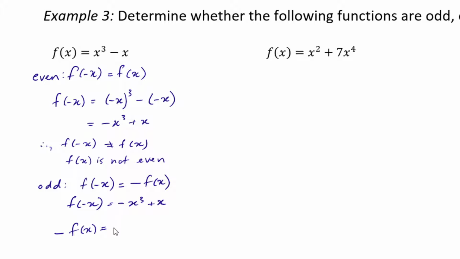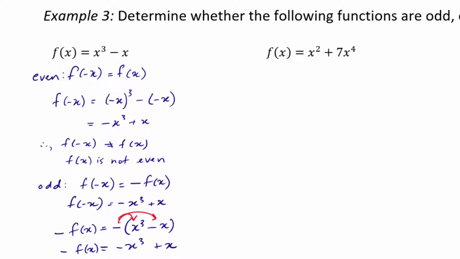Well, negative f at x is negative x cubed minus x, right? So the negative f at x right there. Okay. Let's distribute this negative sign right here into the bracket. And what I should end up with there is negative x cubed plus x. And as we can see here, negative f at x is equal to f at negative x.